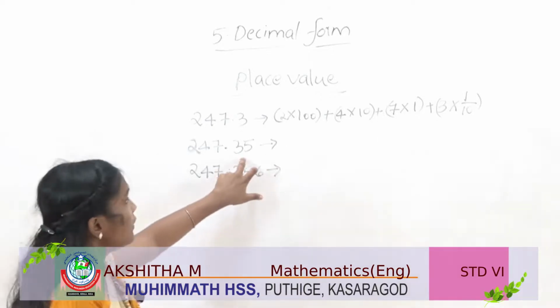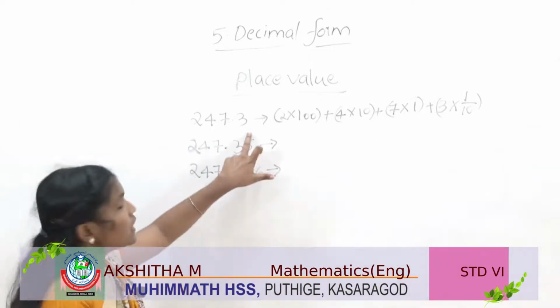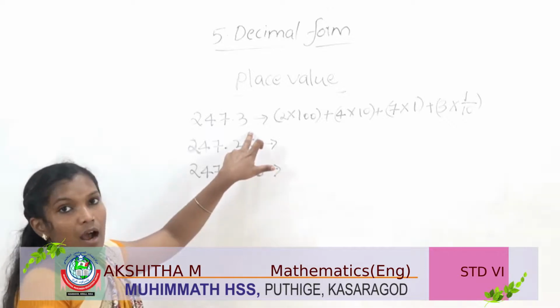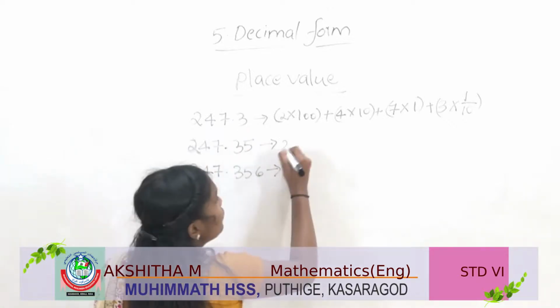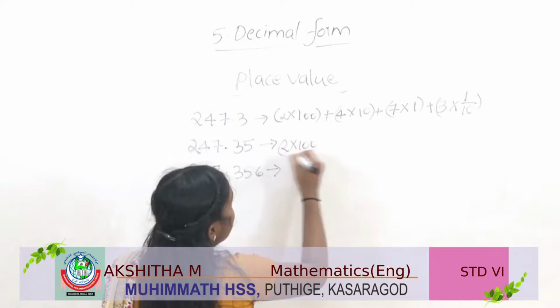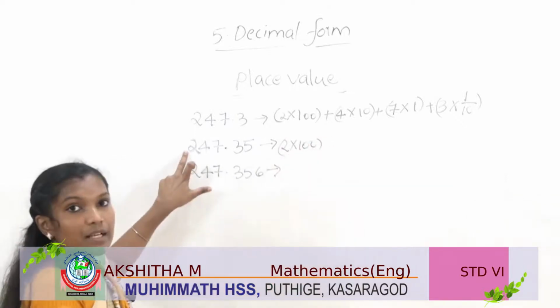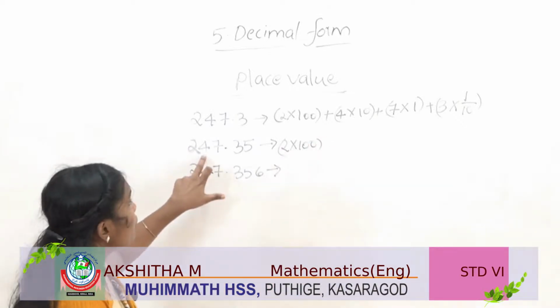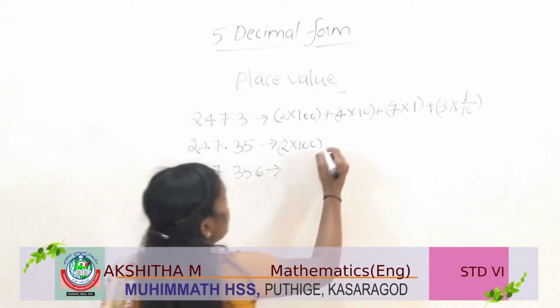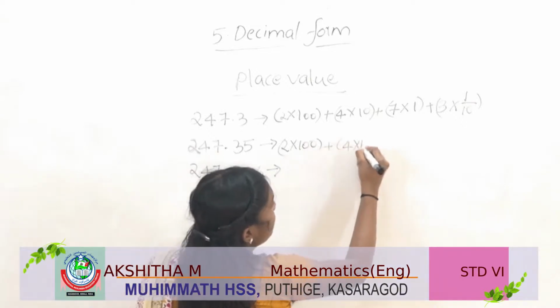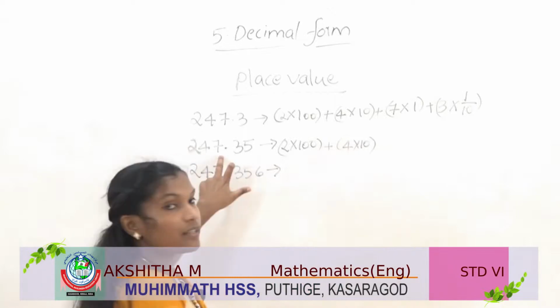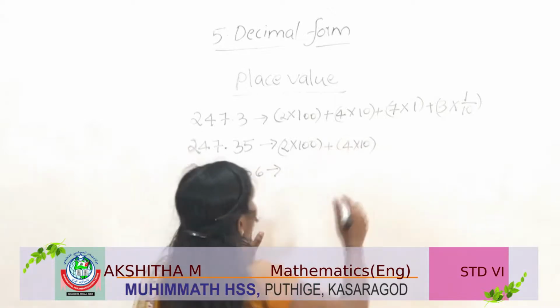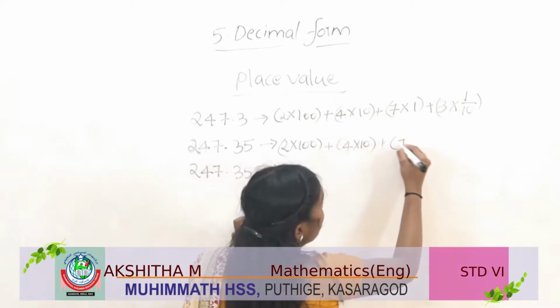Look at the next one. Here its place value is 1 by 100. 2 into 100, here 2 is in the place of hundreds, 4 is in the place of tens, so 4 into 10. And the next number 7 is in the place of ones.